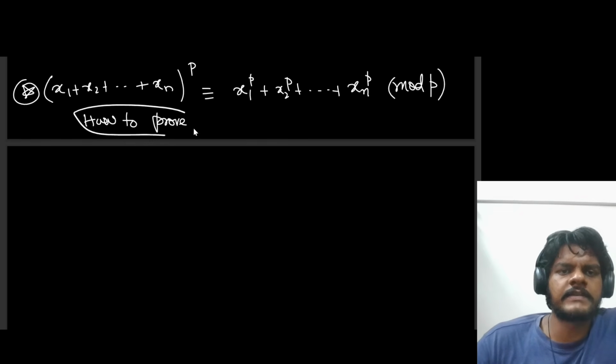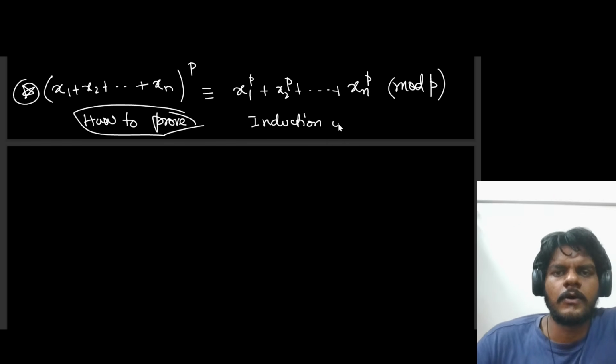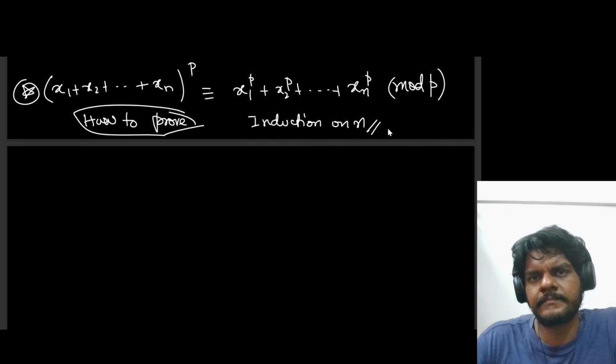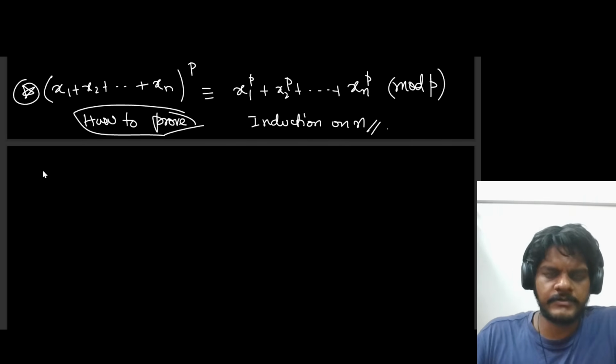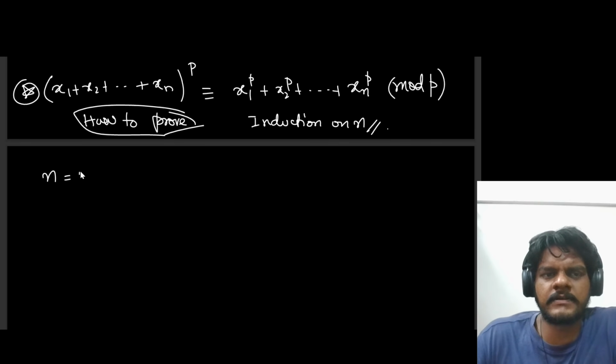I will prove it using induction. Induction on what? Induction on n. All right. So if I take induction on n, that means it is true for n equal to 1. So let's say the base case is 2.